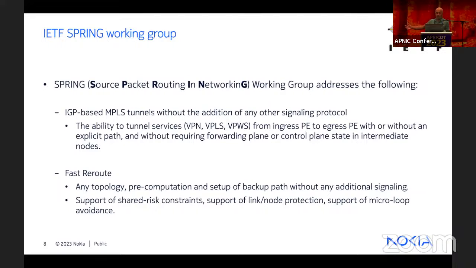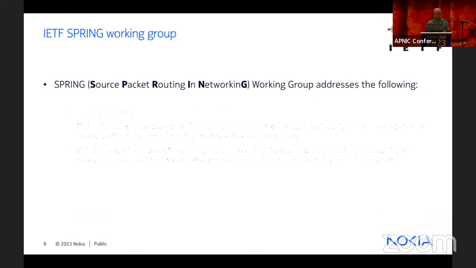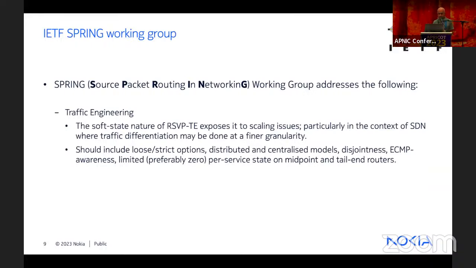There's also a desire to support a number of different types of constraints, things around shared risk link groups, to be able to do things like link and node protection, and micro-loop avoidance when traffic is converging around failures and so on. There's a few other things.